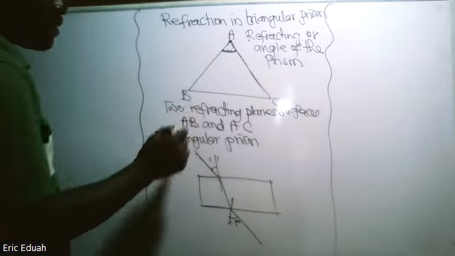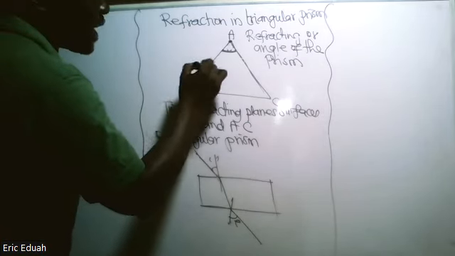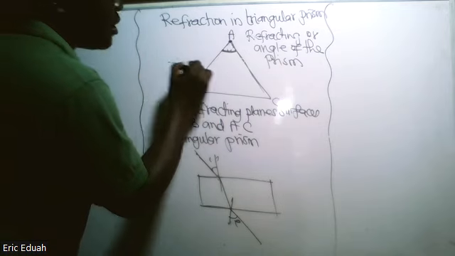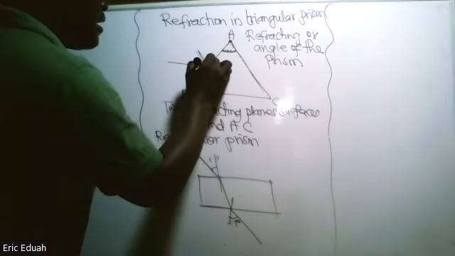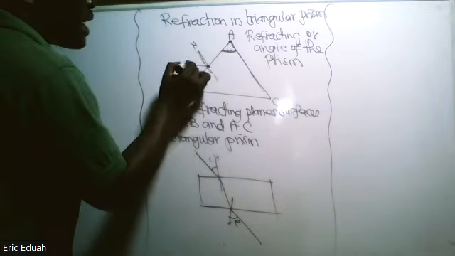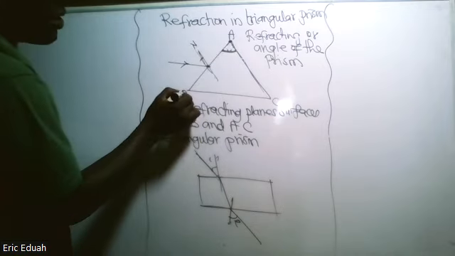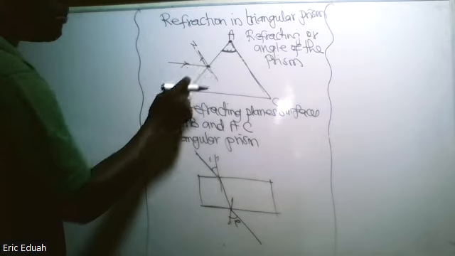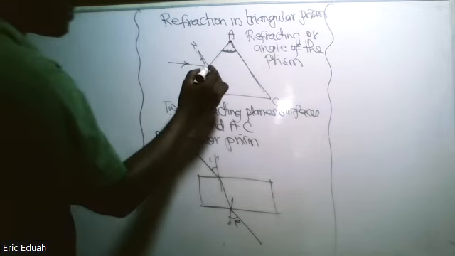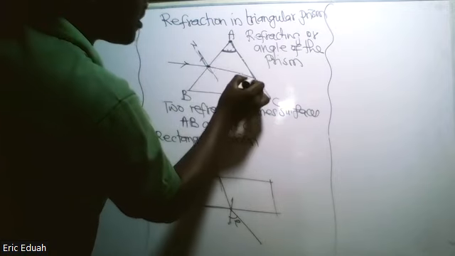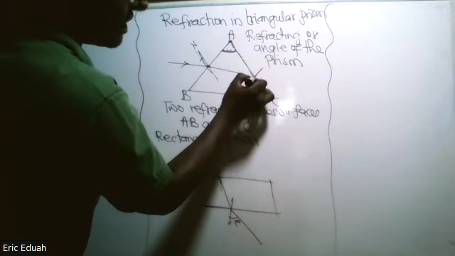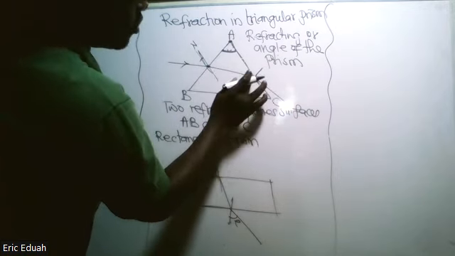For the triangular prism, the deviation of light over here, this is the normal. When light hits the first refracting surface AB, it is bent towards the normal. When it gets here, it is bent away from the normal.